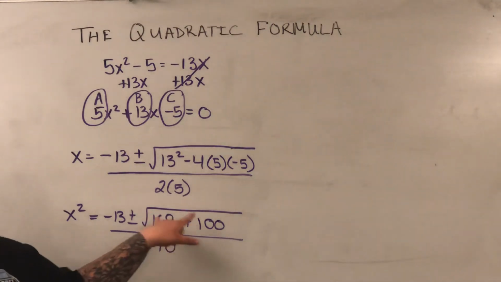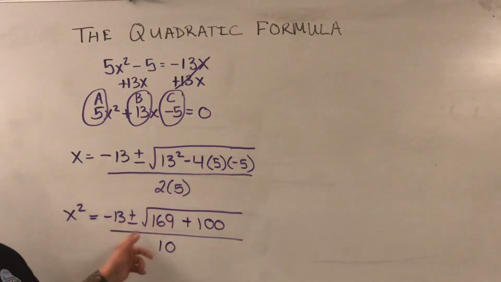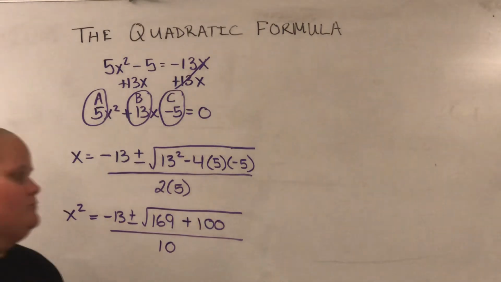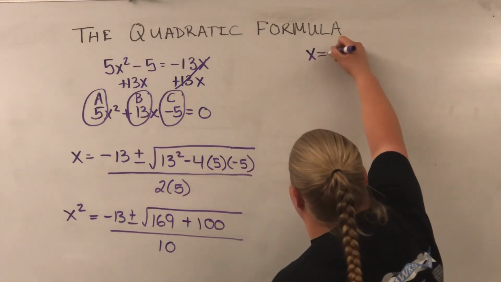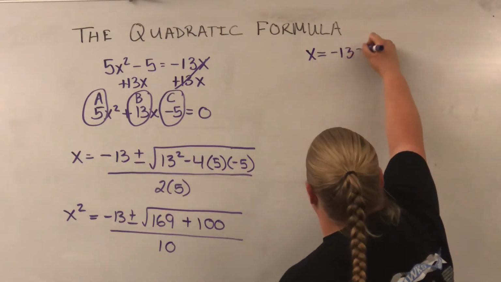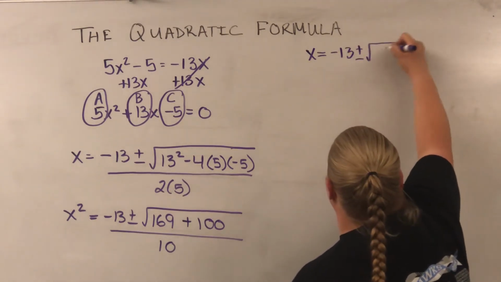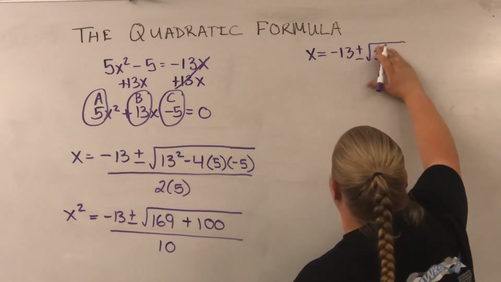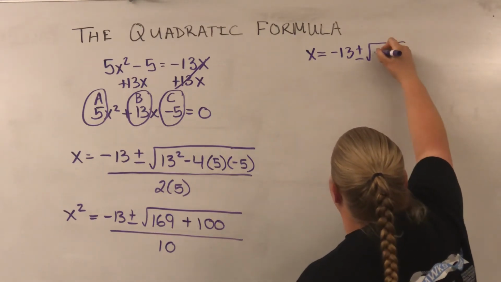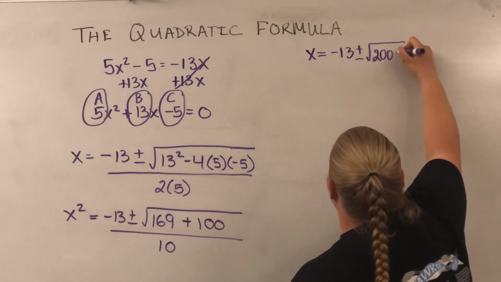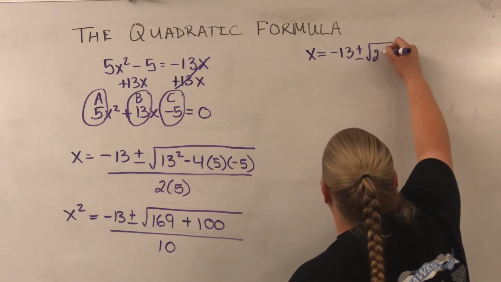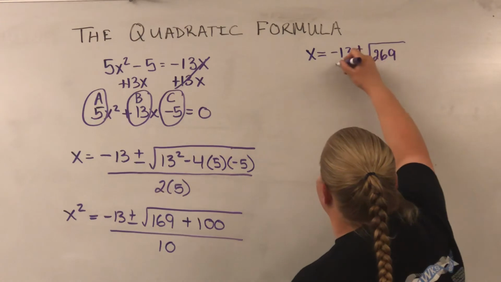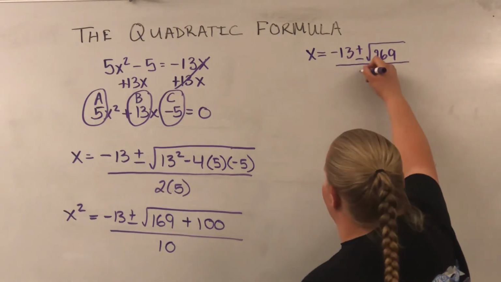I still have to put these two numbers together to get this radical as simple as possible. So when I add those two numbers together, I have x equals negative b plus or minus the square root of 269. It's still all being divided by 10.